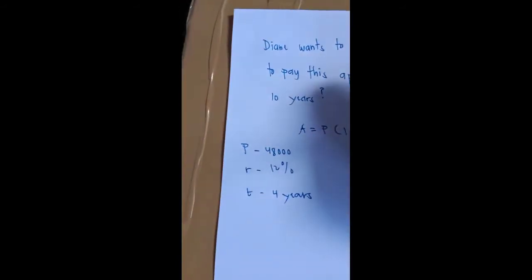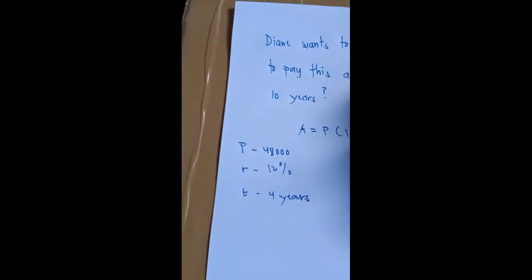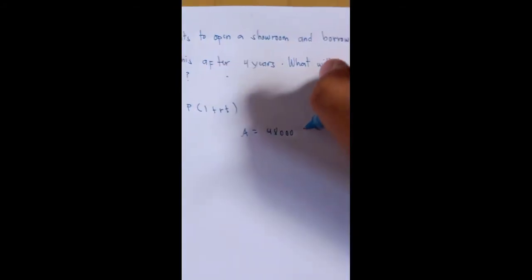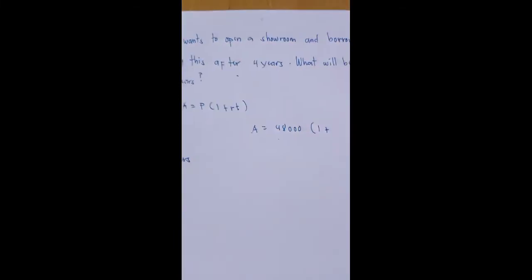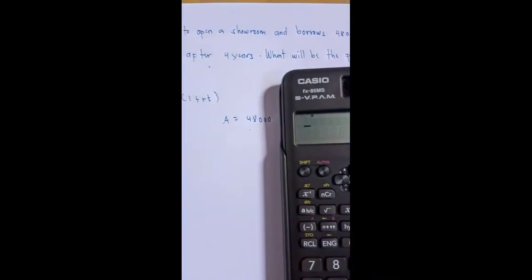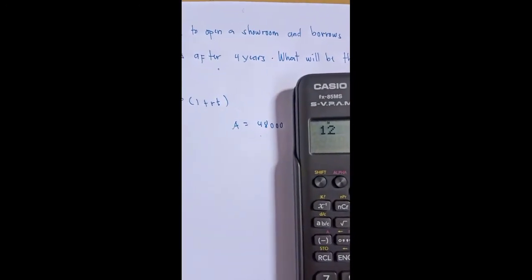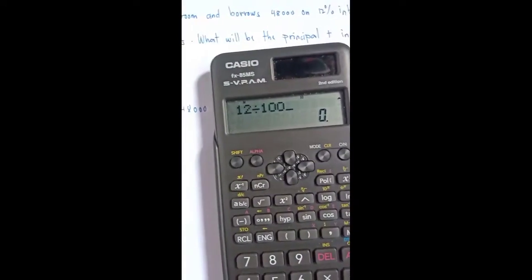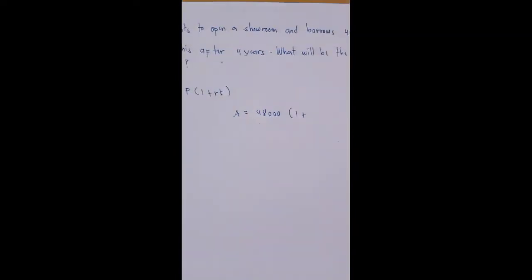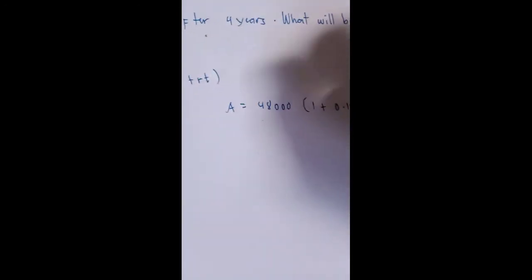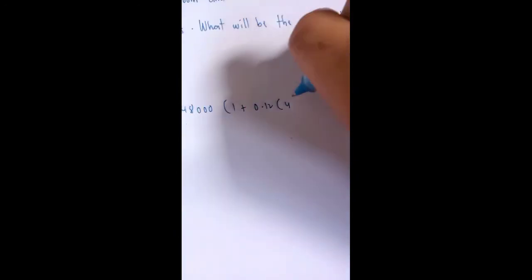So let's try solving it. A equals, the P will be 48,000, times 1 plus 12%, which is 12 divided by 100, 0.12, times 4, because that's the time.